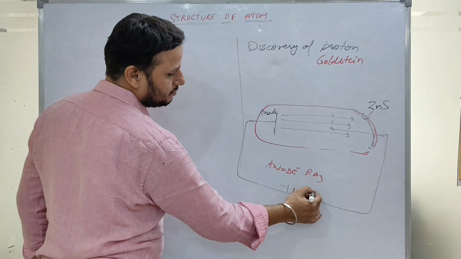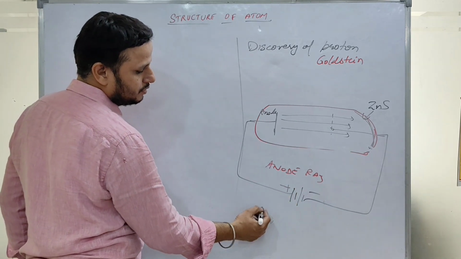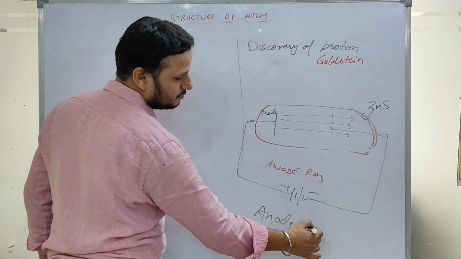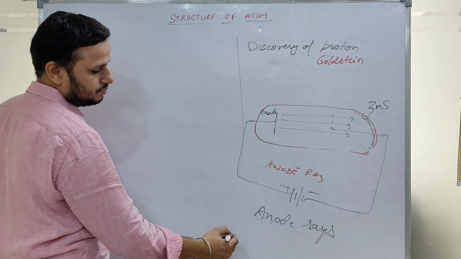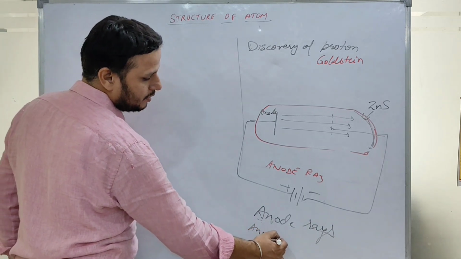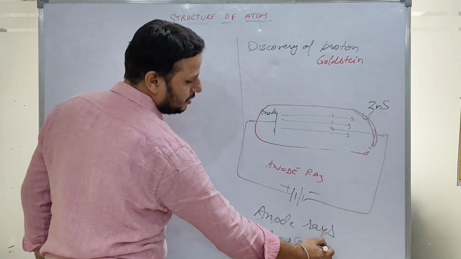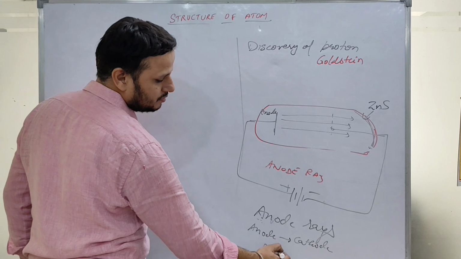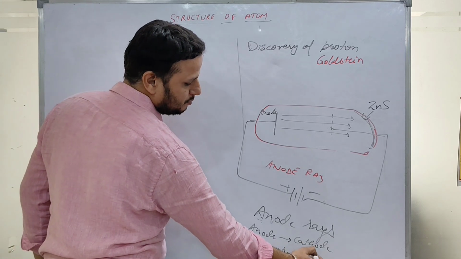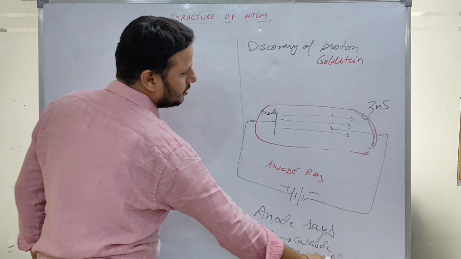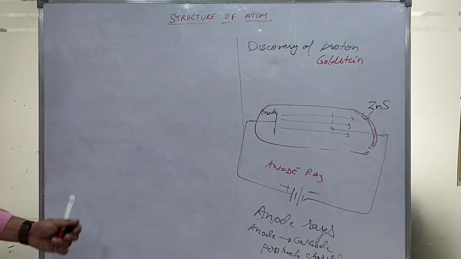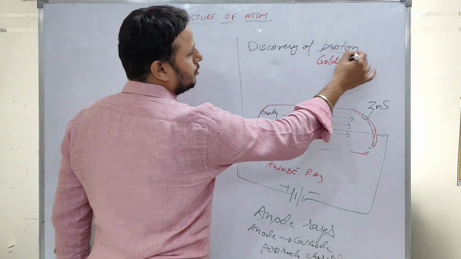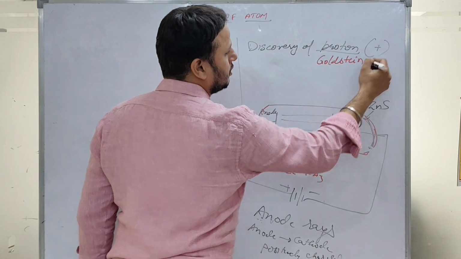These rays were named anode rays. They travel from anode to cathode. So they are positively charged. The similar experiment done by Goldstein led to the discovery of proton, positive charge.